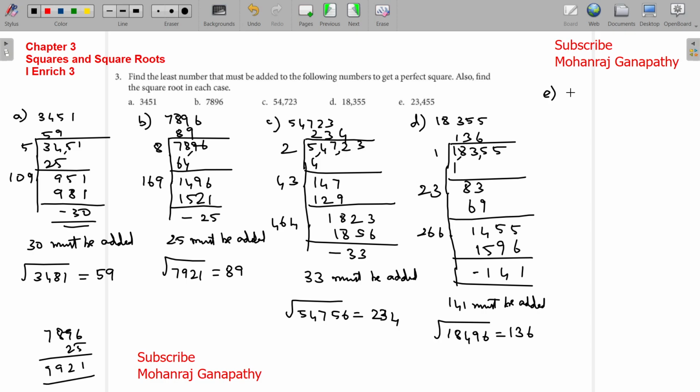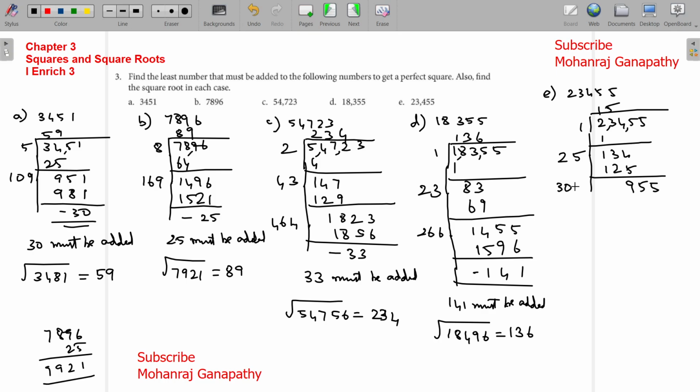E. 23455. 1 ones are 1. Remaining 134. 1 into 2 is 2. 6 times it is not possible. 5 fives, 125. 30. 3 times not possible. 4 fours are 16. 4 threes are 12.